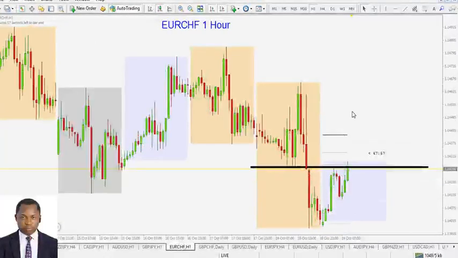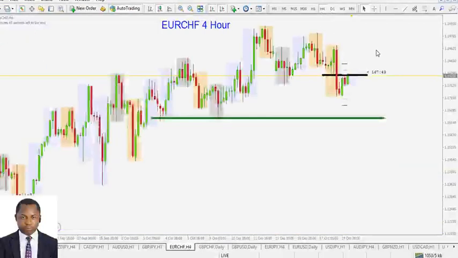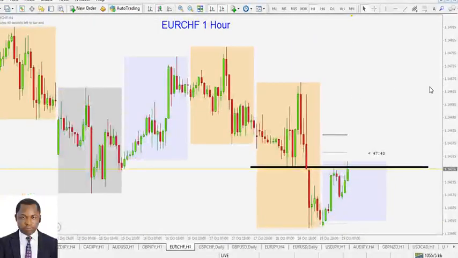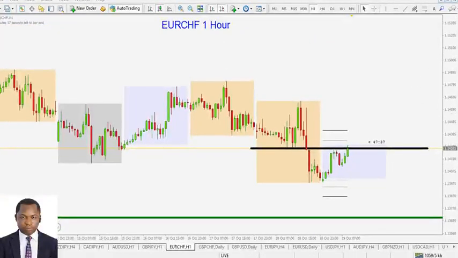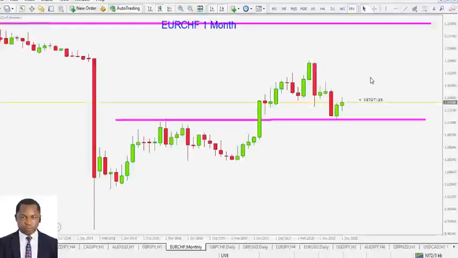Okay, the euro against the Swiss franc. This is the one that looks quite interesting, but still having some problems here. It is trying to deal with that level of resistance. But again, might be a trap because in the monthly time frame, price is reacting off support level.